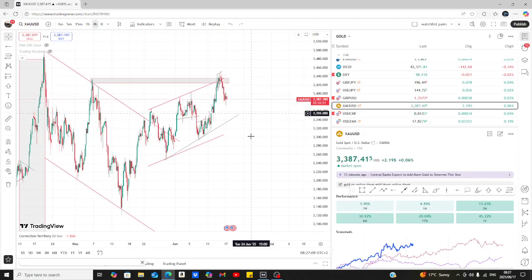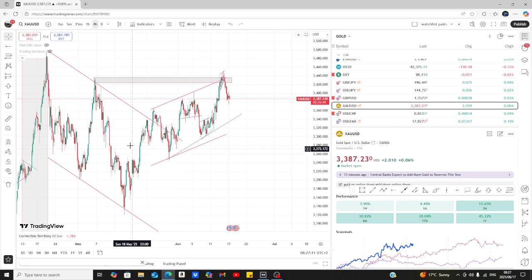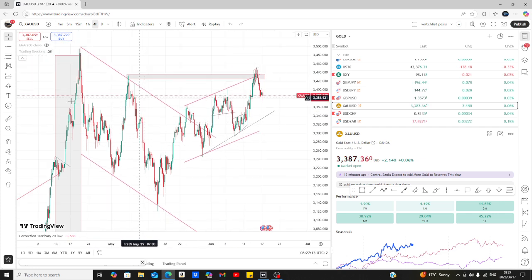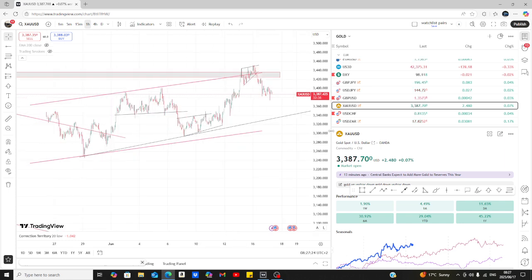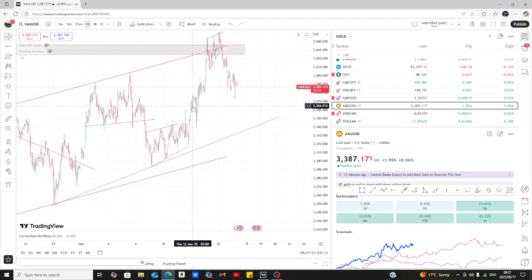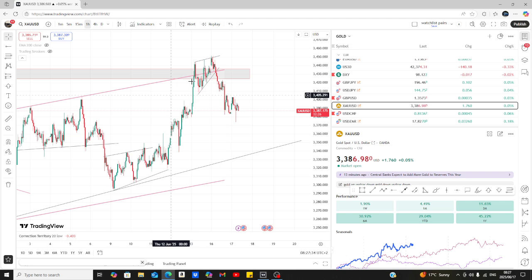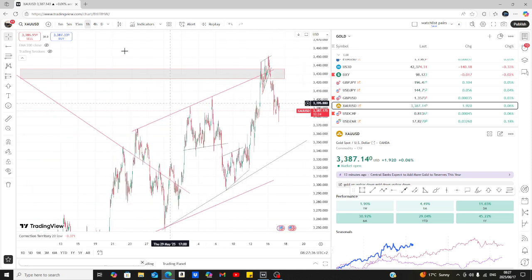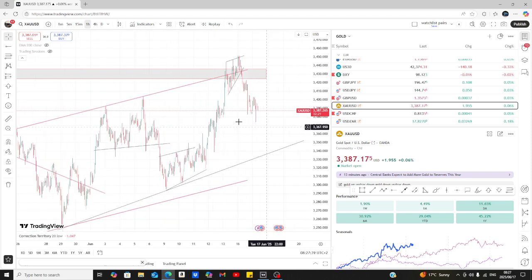So let's touch on gold, because I know people like gold so much. We had this all-time high here, and price formed a thing from our previous analysis. We did get a breakout, but the breakout is more of a bearish ascending channel. If you can see, we have a sort of structure, and now the price has hit the previous resistance, and it is coming down.